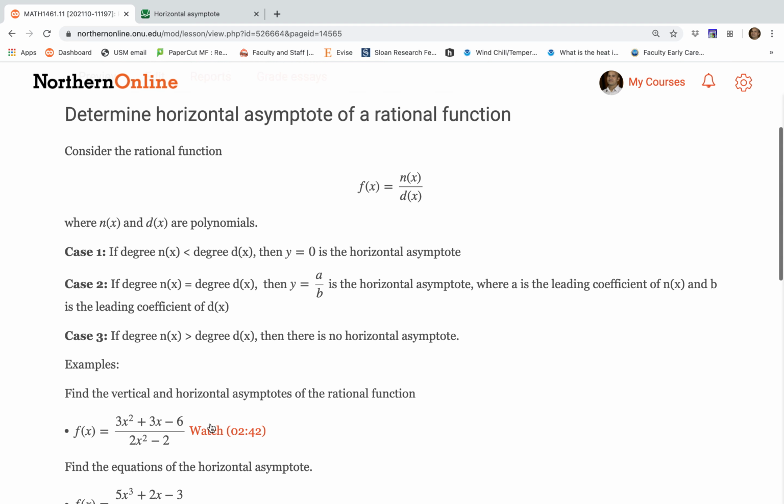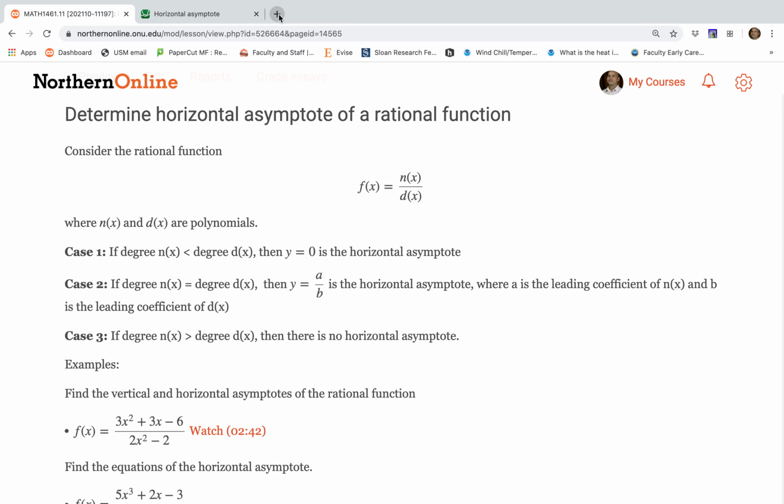For example, here we have the numerator polynomial 3x squared plus 3x minus 6, whose degree is two. The denominator polynomial also has the same degree, so 3 over 2 is the ratio of the leading coefficients. So y equal to 3 over 2 will be the horizontal asymptote.